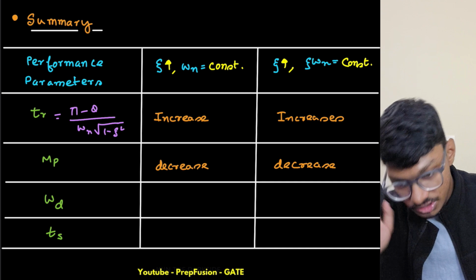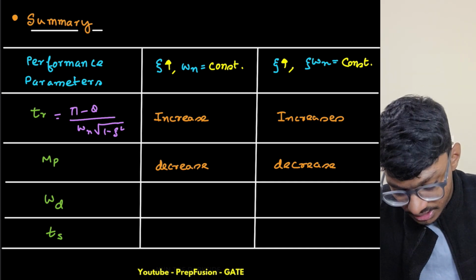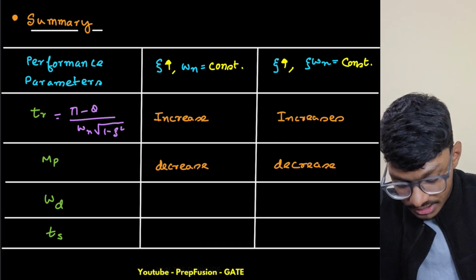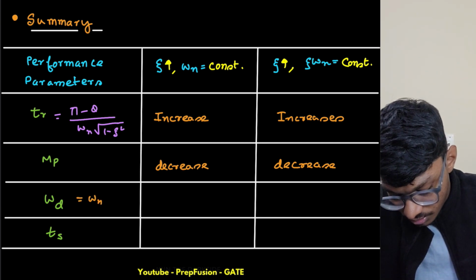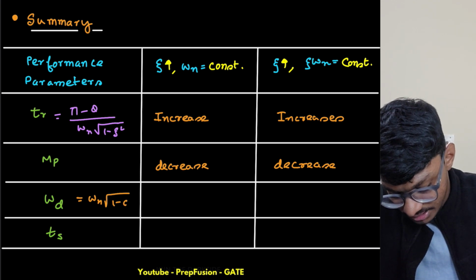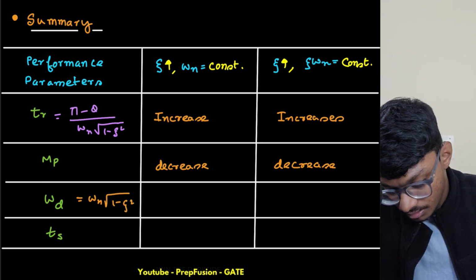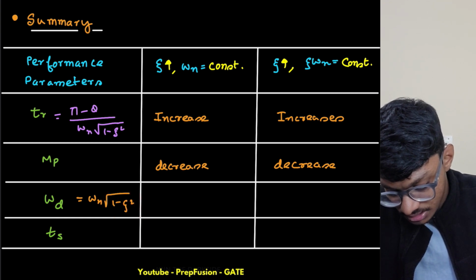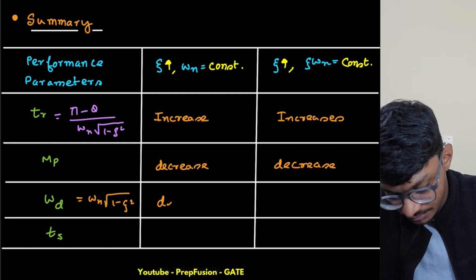If omega n is constant and zeta is increasing, what will happen? I'm just telling you how to analyze these things. Omega d equals omega n under root 1 minus zeta square. So if zeta is increasing, obviously this whole thing will reduce, hence omega d will decrease.